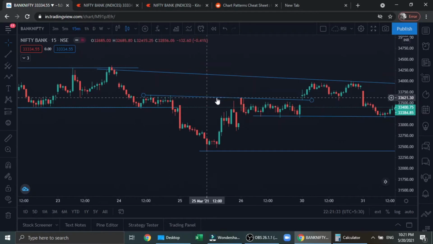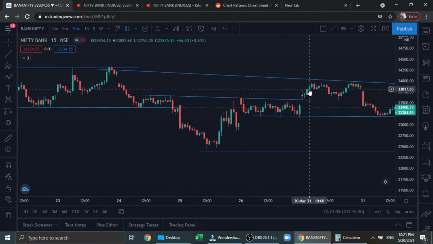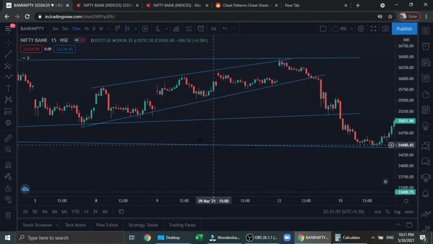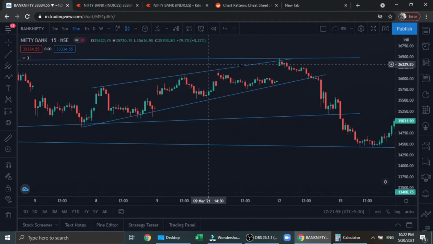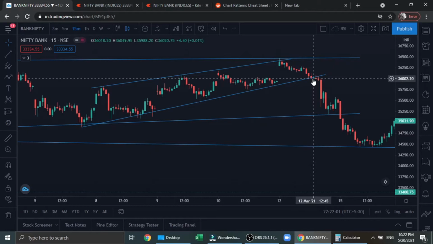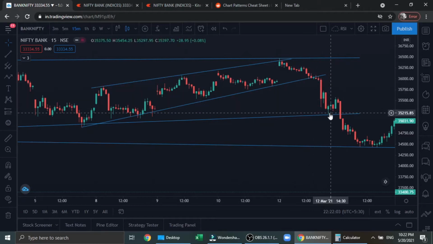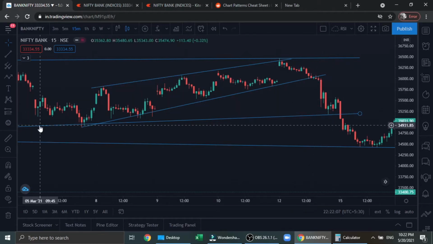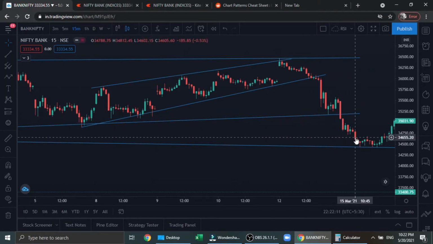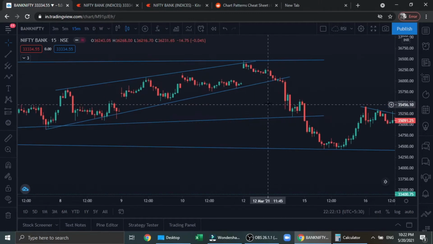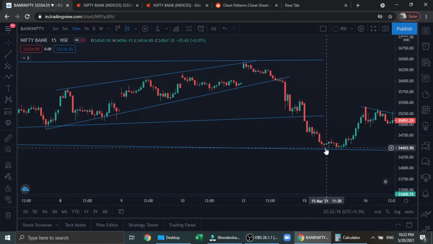Then after breakout of this, how aggressive it has moved from here to there. See, after breakout of this up channel chart pattern, the momentum is very aggressive. Again, a pattern formed here. Then after breakout of this, there is aggressive movement. So after every breakout there will be an entry and then following the trend.